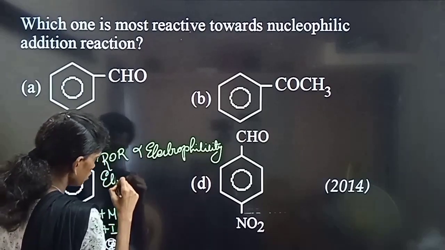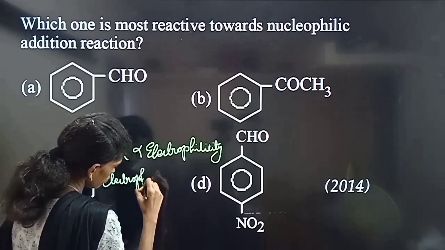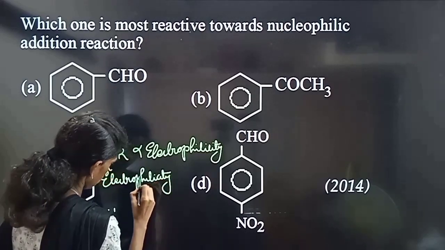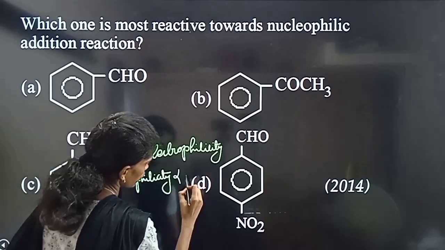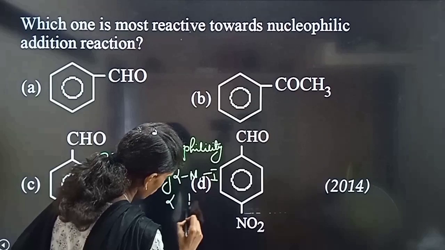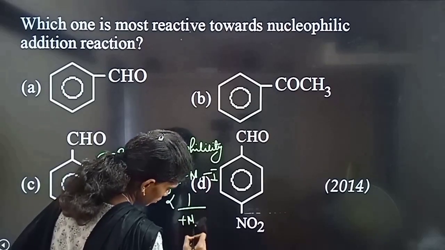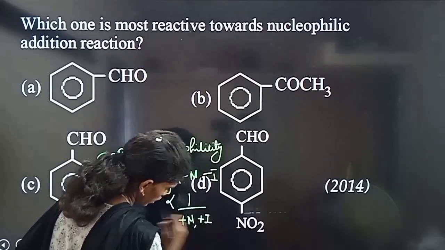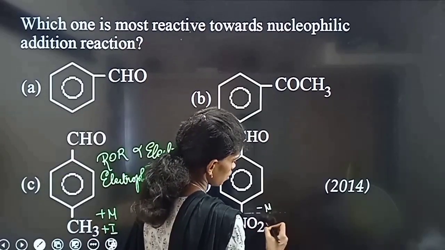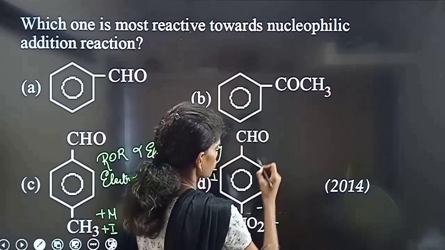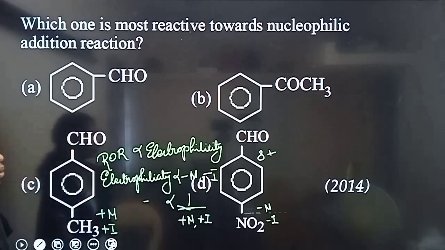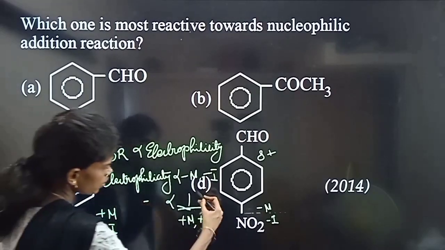And the electrophilicity is directly proportional to minus M minus I group and inversely proportional to plus M plus I group. So this is not the answer. And again here this is a minus M minus I group. So delta positive charge will be created. So nucleophilic addition should be most favored in option D.